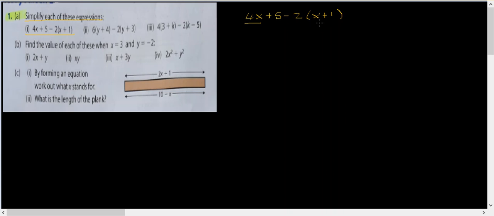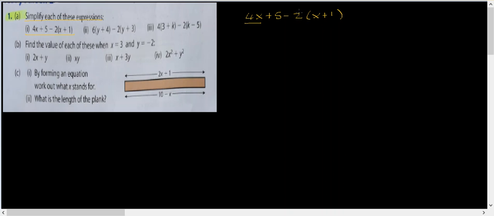Now you have brackets here as well. When you're being asked to simplify, all you're being asked to do is collect up the like terms. Before we can do that, we have a bracket, and we want to get rid of the bracket.